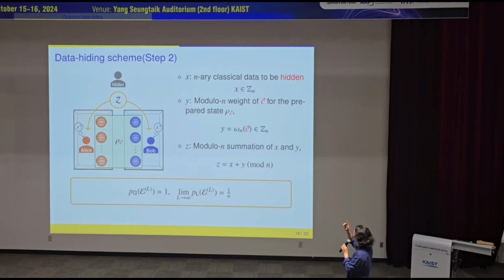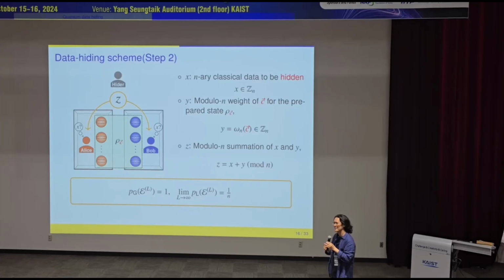Oh yeah, so after the preparation of the state, what Hyder will do is make the addition of X and Y. X is the actual data he wants to hide, but instead of just sending X, he will send Z, which is the addition of X and Y. So Y is a kind of key to encode this X to be hidden. So once Z is known, you need to know what Y is to decode X.